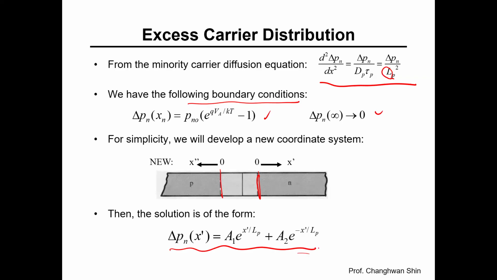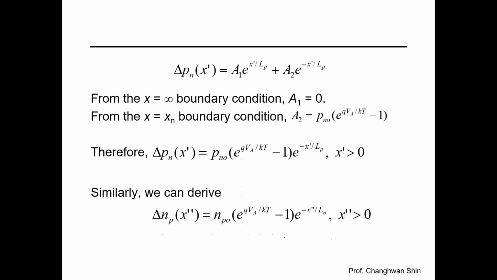From the boundary conditions, we can determine A1 is 0 and A2 is p_n0 times exponential qV_A over kT minus 1, to satisfy the condition at the depletion edge. Therefore, the excess hole concentration in the n-type quasi-neutral region, delta p sub n as a function of x', is p_n0 times exponential qV_A over kT minus 1 times exponential of minus x' over L_p.